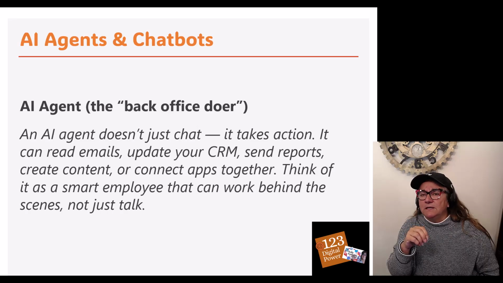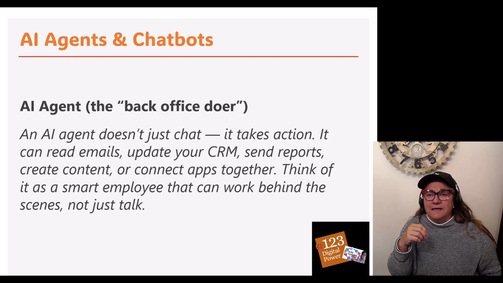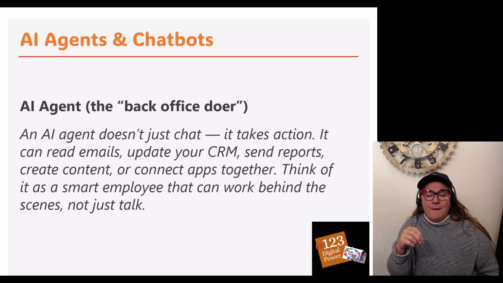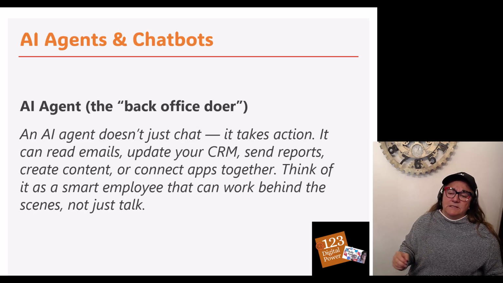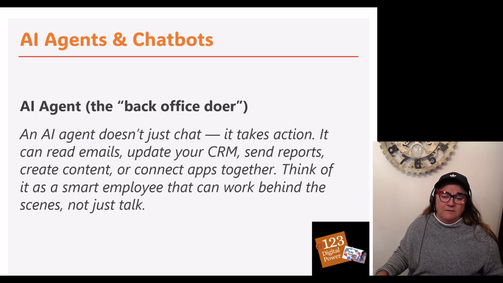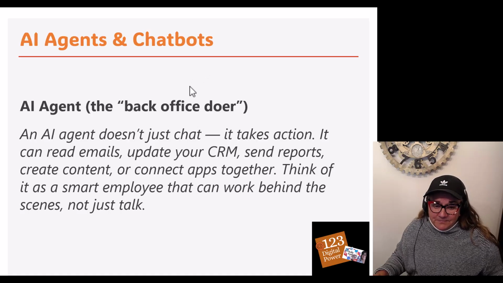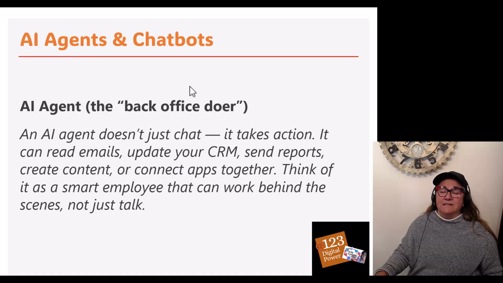So it might be reading an email, then connecting it to your CRM tool by putting in information that it's finding on some of the emails that it's read. And it's going to appropriately now perhaps go back to your email and reply appropriately. So it's pretty amazing, right? So think of it as a really smart employee that is always there and can work behind the scenes. It can think behind the scenes, not just talk like a chatbot.